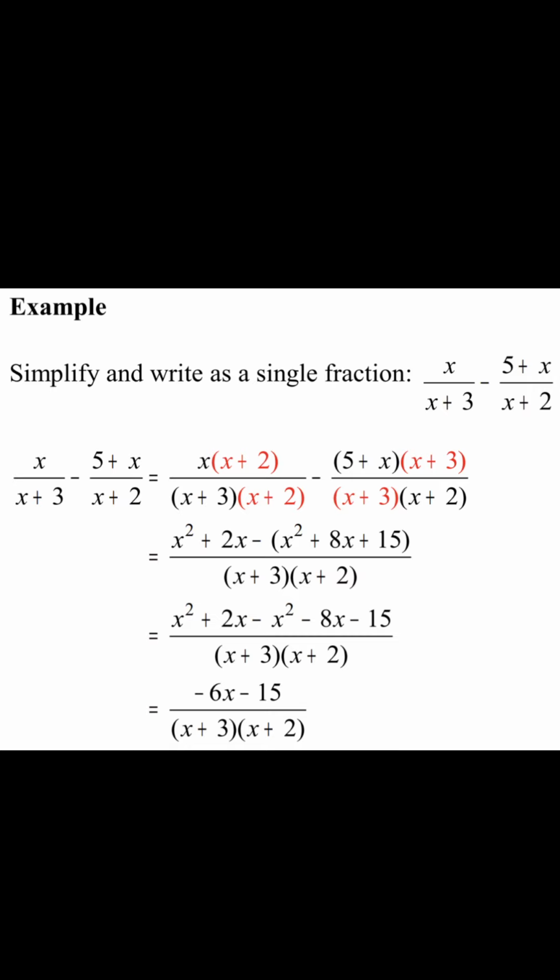So you're left with 2x, minus 8x minus 15, and of course 2x minus 8x is negative 6x, and you're left with the negative 15. So that's how it's simplified, and that's the most simplified version you can get. You can't get any simpler than that.